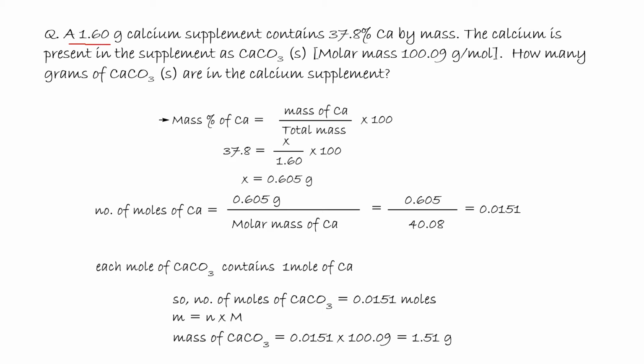A 1.60 gram calcium supplement contains 37.8% calcium by mass. The calcium is present in the supplement as calcium carbonate solid. The molar mass of calcium carbonate is 100.09 gram per mole. How many grams of calcium carbonate are in the calcium supplement?